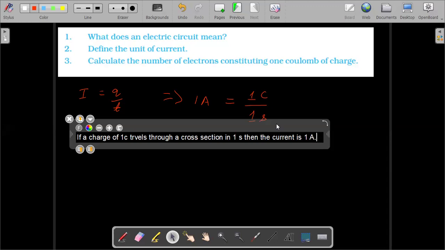So the last one. Calculate the number of electrons constituting 1 coulomb of charge. So how many electrons are there for 1 coulomb of charge?